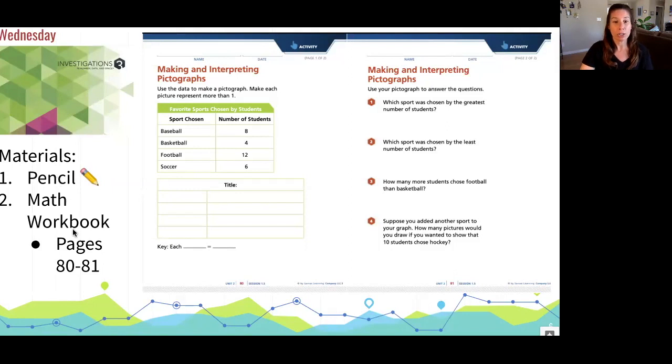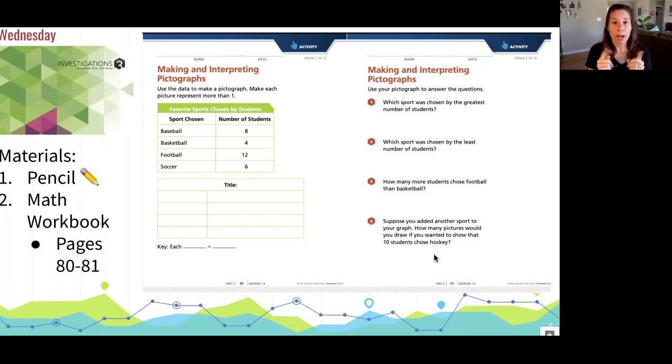You're going to turn to page 80, and we're going to be doing pages 80 and 81. So press pause, go get those materials, and come right back and open up your book and read with me. You can read the directions with me. All right, go get it.